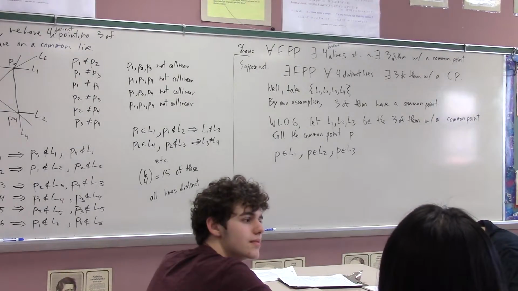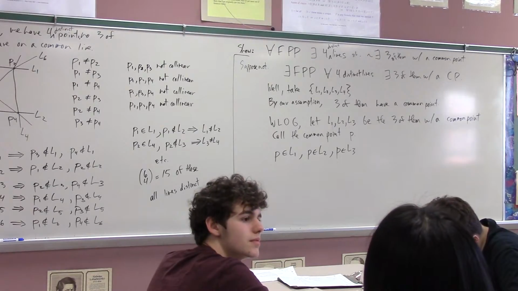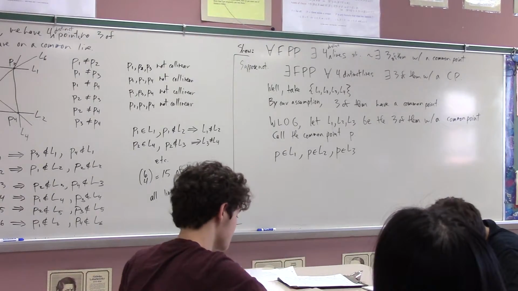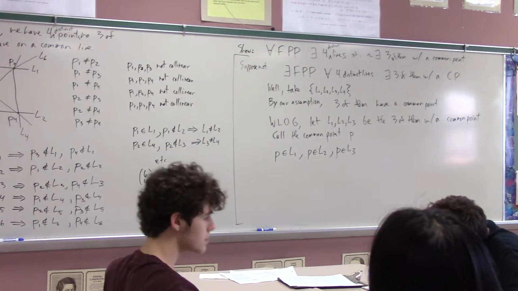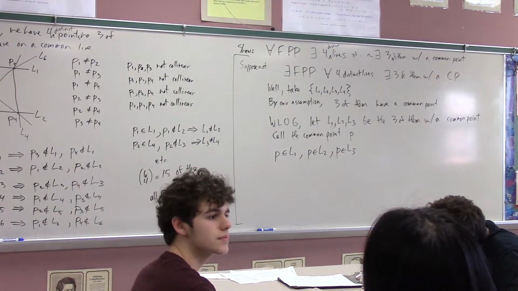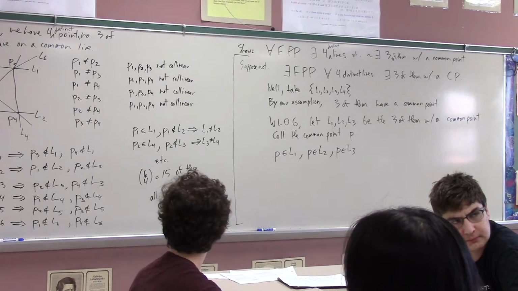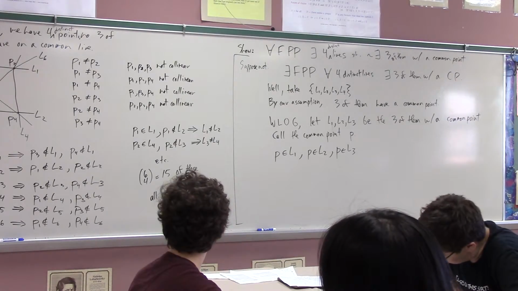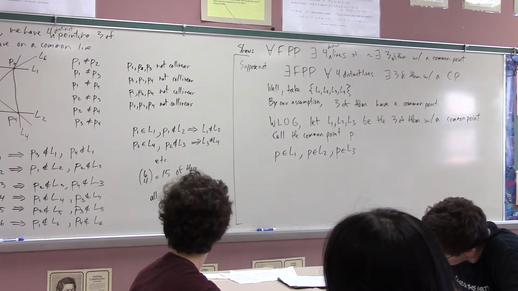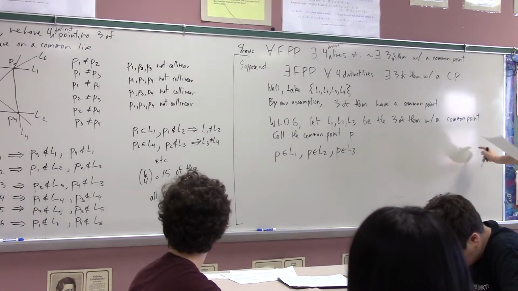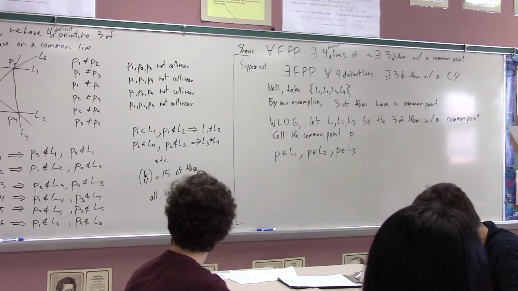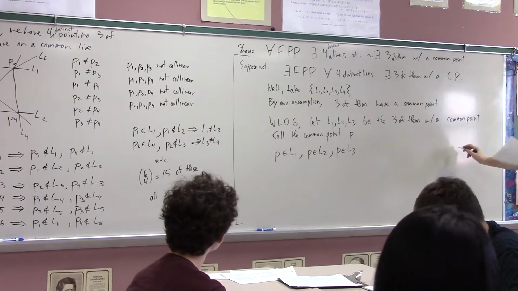So, why is this a contradiction? Why can there not be a point that's on L1, L2, and L3? Perhaps it's a good idea to draw a little side model over here with just the things that we're talking about at this particular moment, right?